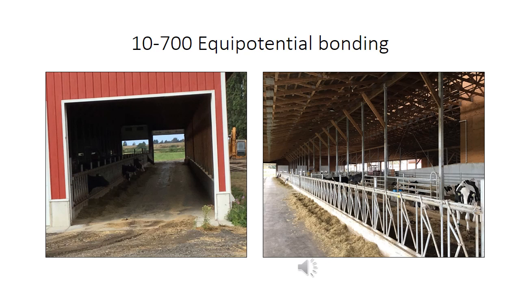The animal is actually being shocked or electrocuted. Although we can't feel it, the animals can. So once again, equipotential bonding, especially for livestock, is very critical.